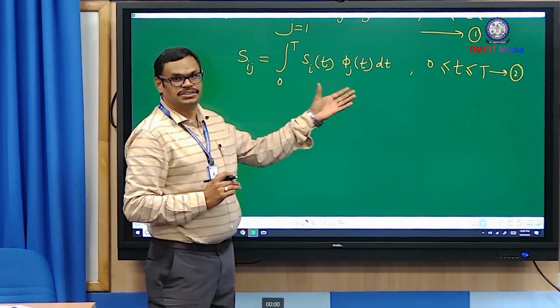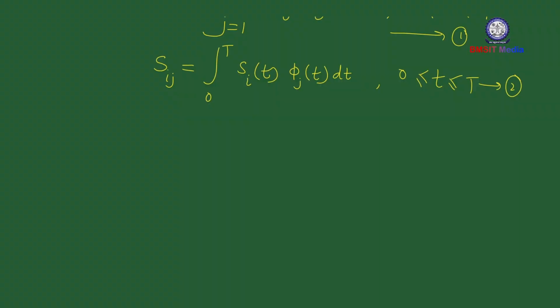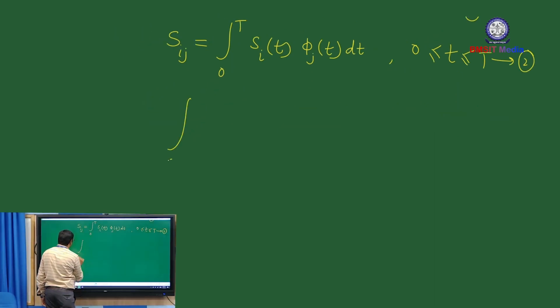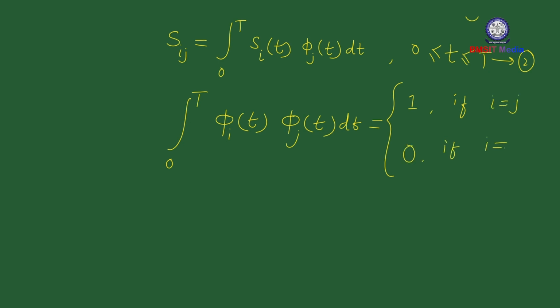Let us try to understand the orthonormal property of the basis functions. The basis functions form the orthonormal basis, that is, the integral from 0 to T of phi i of t phi j of t dt will be equal to 1 if i is equal to j, and it will be 0 if i is not equal to j. Let me call this equation 3.